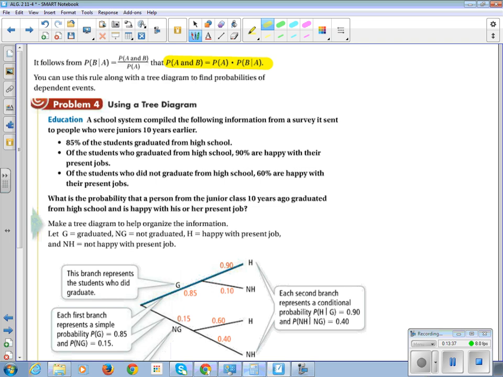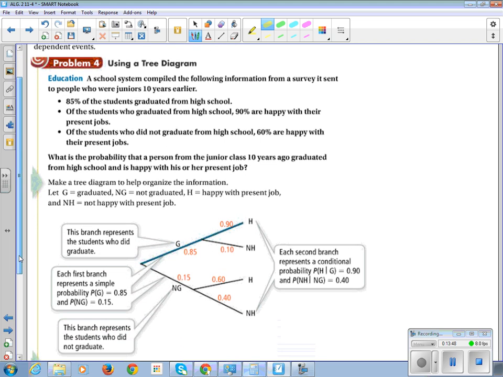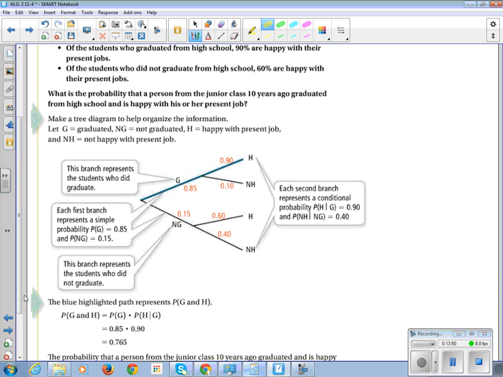What is the probability that a person from the junior class 10 years ago graduated from high school and is happy with his or her present job? Make a tree diagram to help organize the information. G is equal to graduated, NG is not graduated, H is happy, NH is not happy.